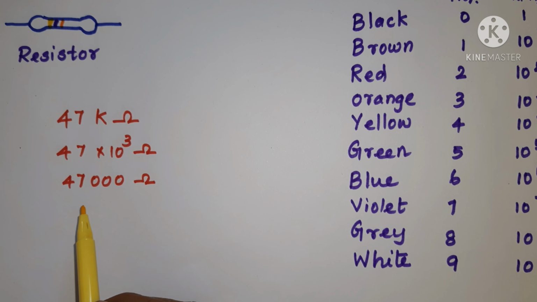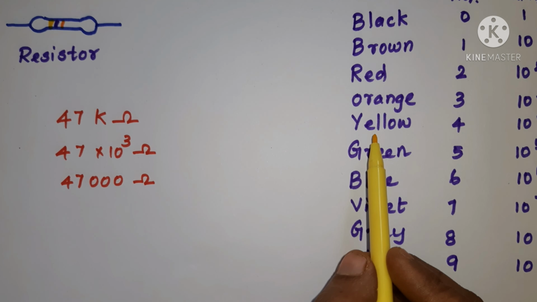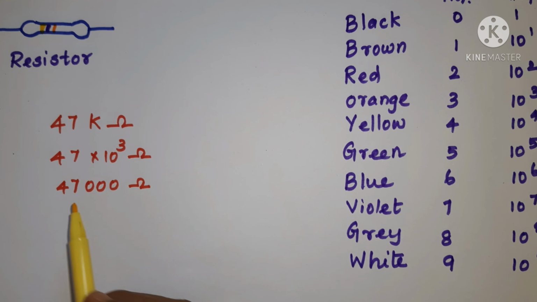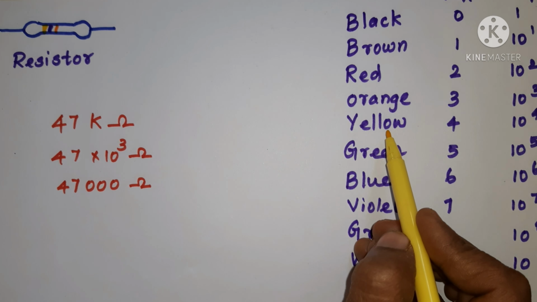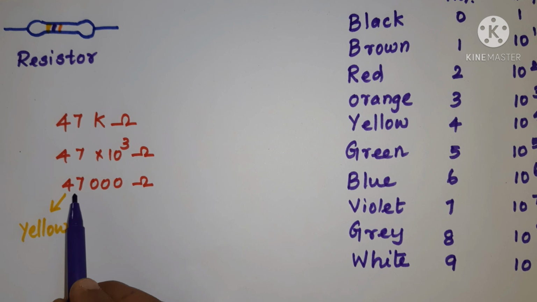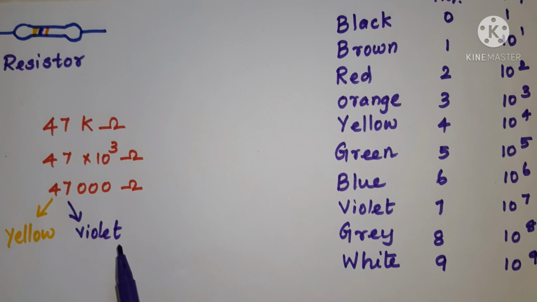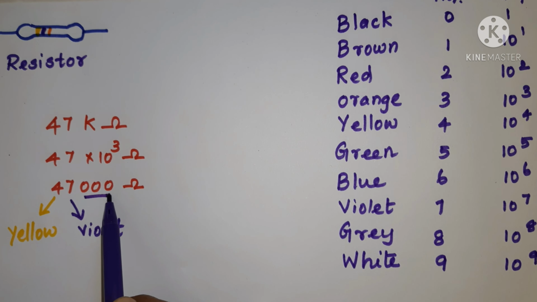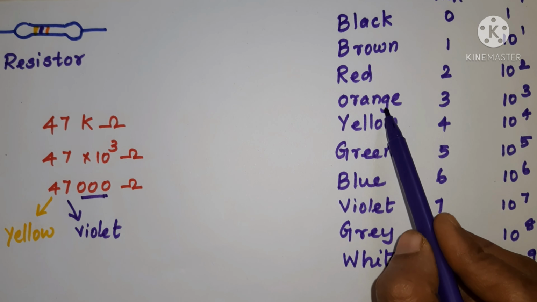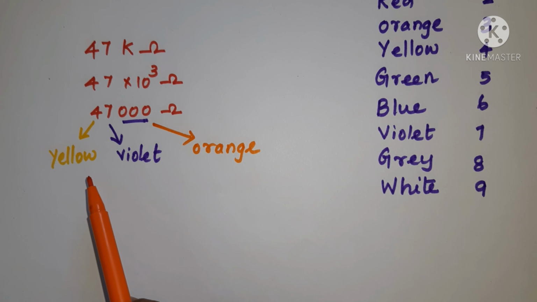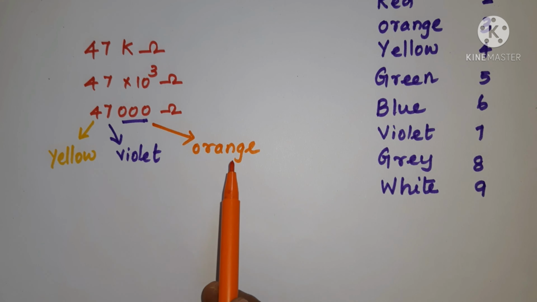As we said, the first two rings are significant figures of the resistance. That is, the first one, 4, corresponds to the yellow color. And 7 corresponds to the violet color. And then we have here the multiplier. This 10 power of 3 corresponds to orange color. So we have the color sequence to be yellow, violet, orange.